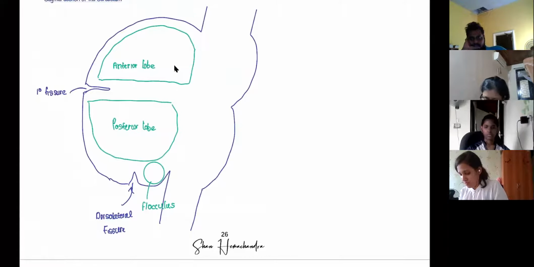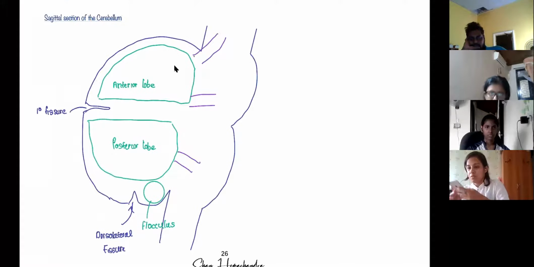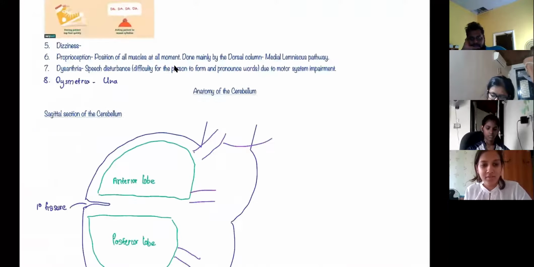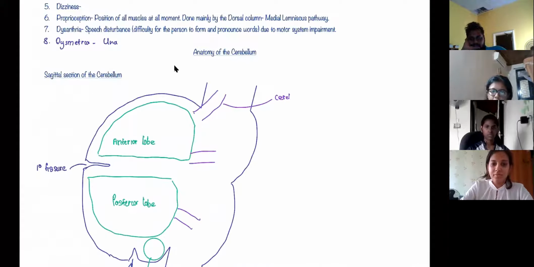Can someone tell me the three connections? One comes from the midbrain, the other is from the pons, and the other is from the medulla. What are these foot-like processes called? Cerebellar peduncle. Yes, cerebellar peduncles. Peduncle means foot.